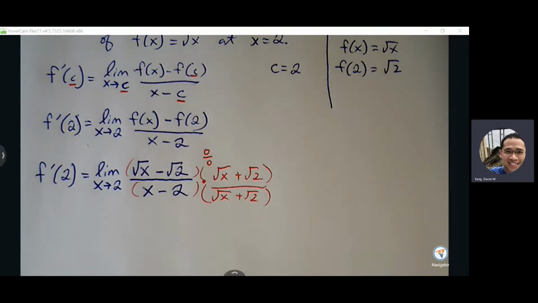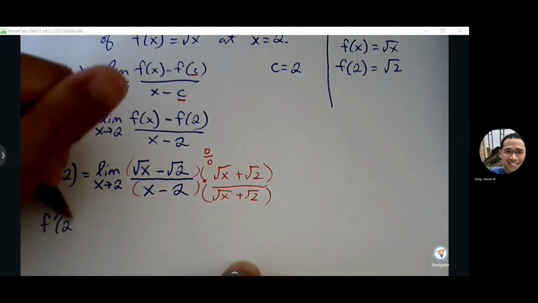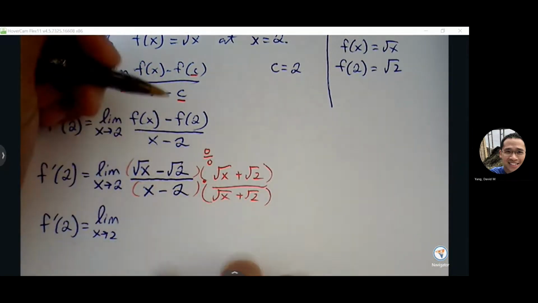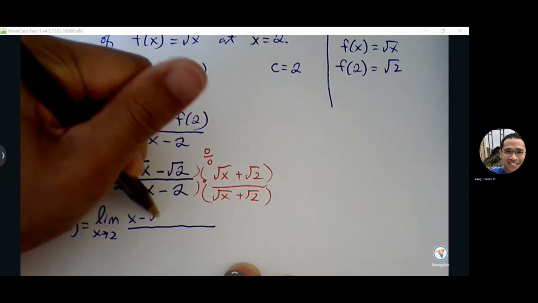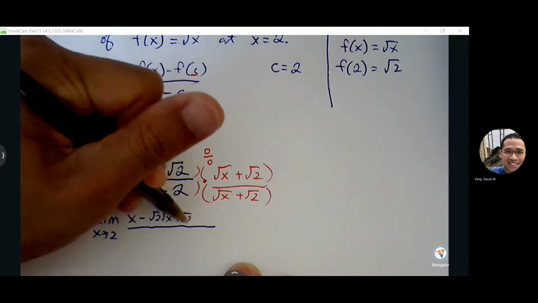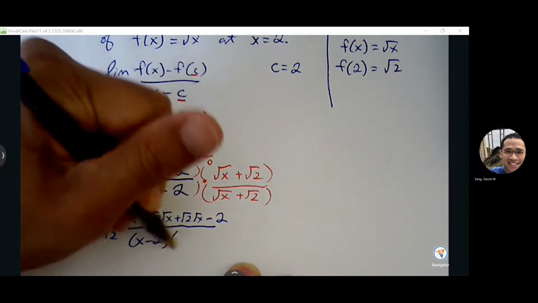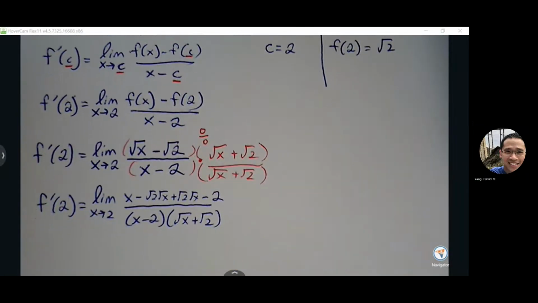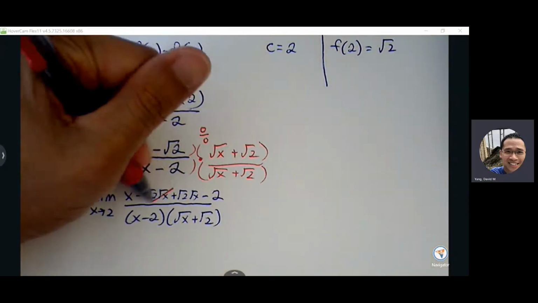You want an x minus 2 to show up, because that's what's causing the hole. Pull everything out. All right, what do you see in the numerator? It cancels out.